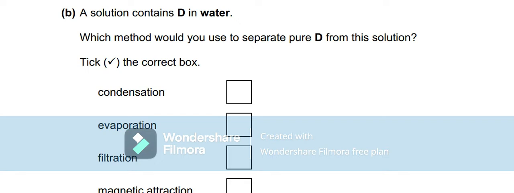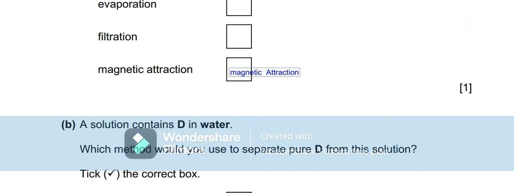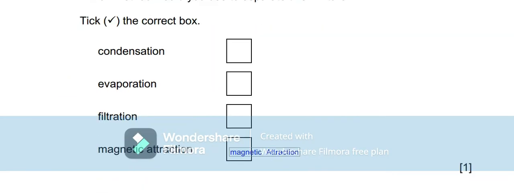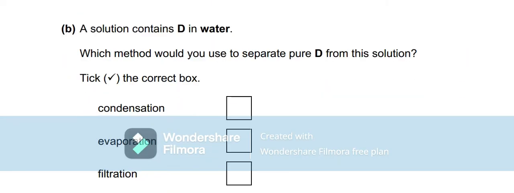So what you do, you go back to the table containing the information. You go to D. D is hard, D is non-magnetic, D is soluble. If it's soluble, it means that it dissolves. So D dissolves in water. For example, it can be salt, something that dissolves in water.